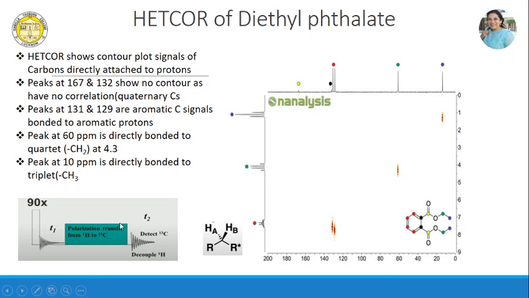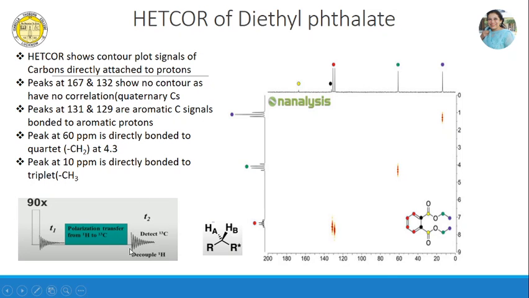And this is the pulse sequence of HETCOR, very similar to COSY. After preparation, here we have a pulse sequence of 90x, and when a 90x pulse is applied, from the z axis the magnetization of the protons is transferred into the xy plane, and the FID is obtained. This is time t1, and then a polarization transfer from the hydrogen to C13 happens, and we apply another pulse.